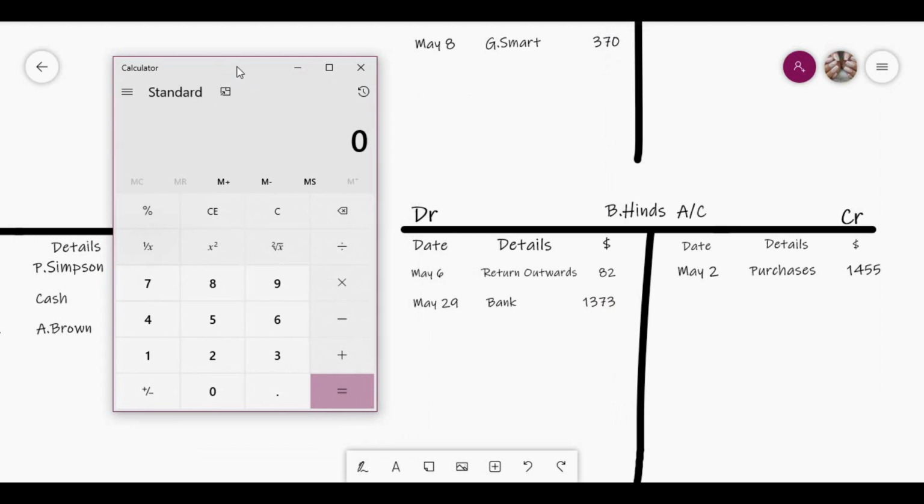If we subtract those amounts, we are going to arrive at 1373, which is what we are repaying him out of our bank account. So it is going to be credited under the bank account.